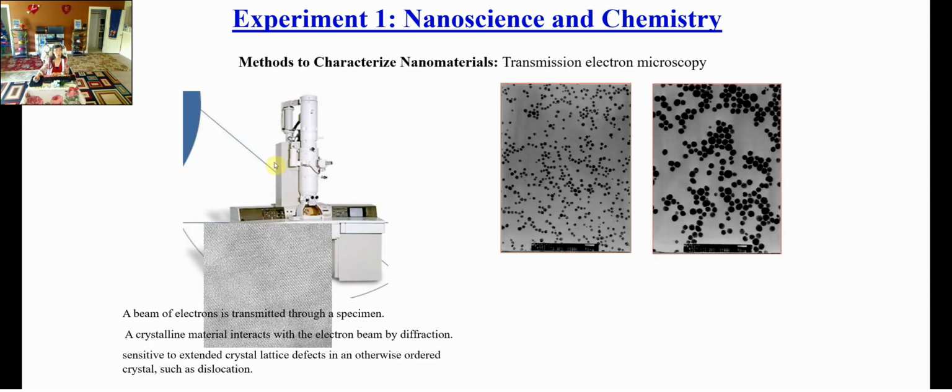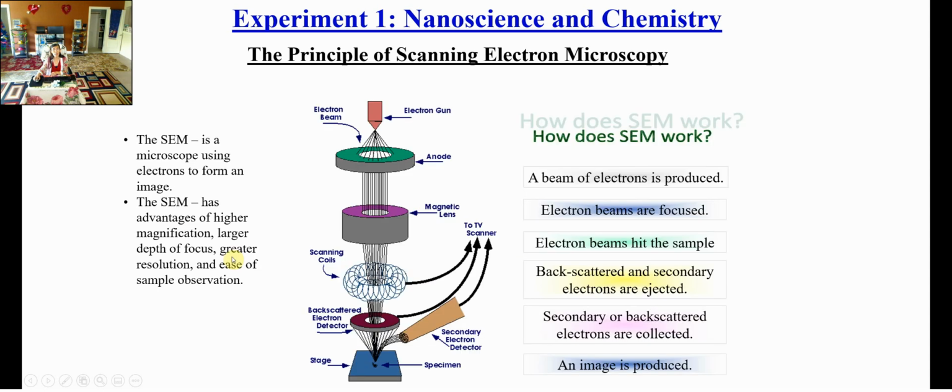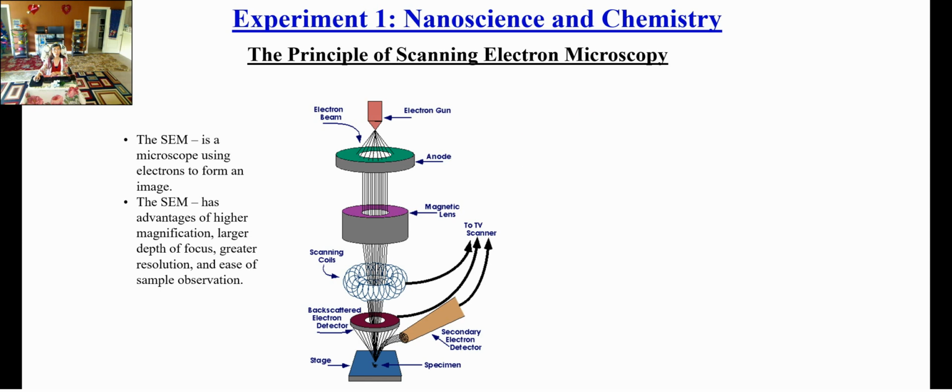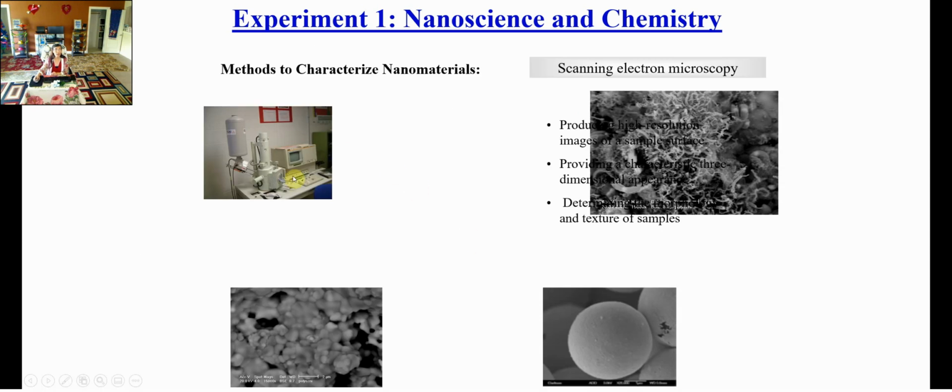For some reason, my figures moved. Let me go back to your scanning electron microscope. So it looks like they also moved around. Anyway, this diagram is the scanning electron microscope, which is located in the chemistry department. So you can produce different shapes of materials. For example, this one represents a gold-coated polymer base.